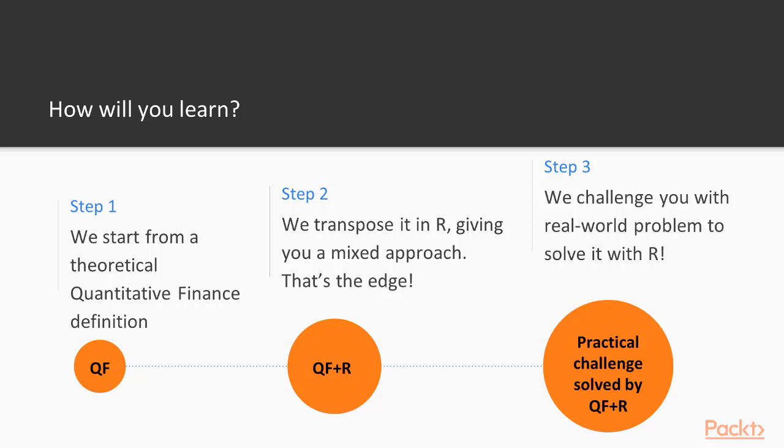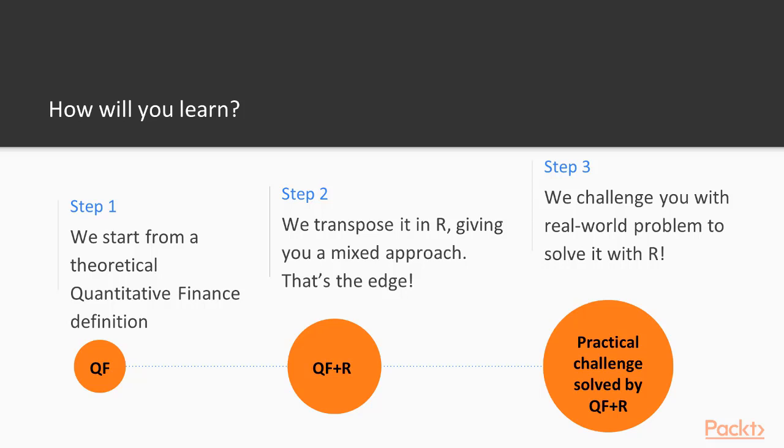Secondly, we'll transpose all this information into R by the use of CRAN packages and R code. This will give you a much deeper understanding of the topic itself. Finally, we'll mix these two elements, the technical part and the programming part, allowing you to challenge yourself in real-life case studies that must be resolved and solved using solutions in R.